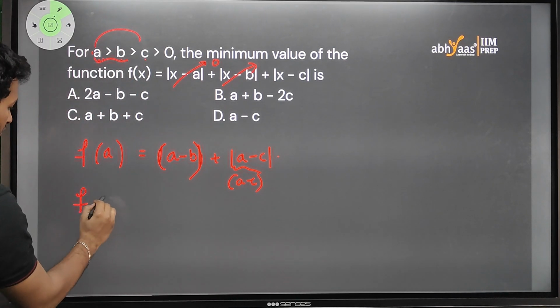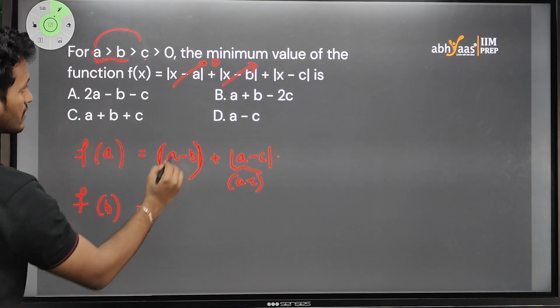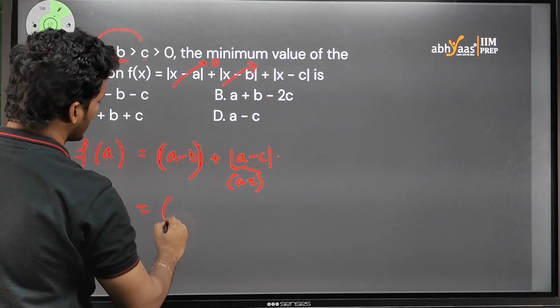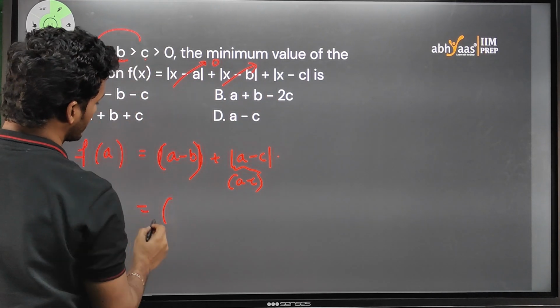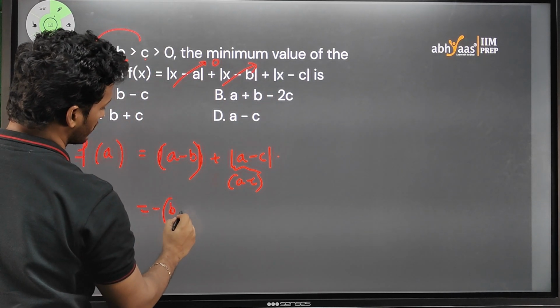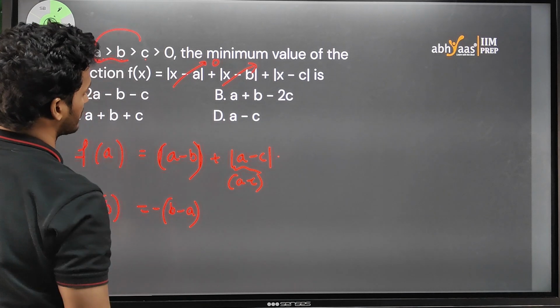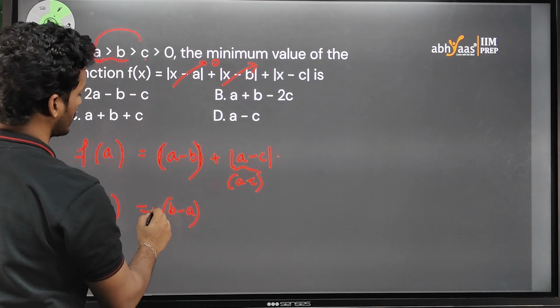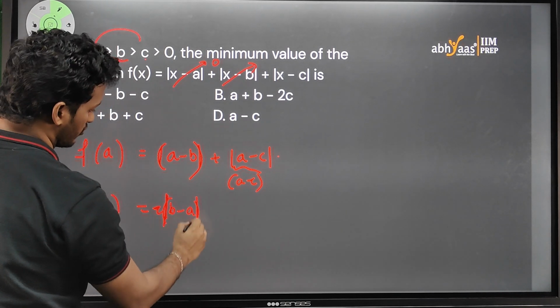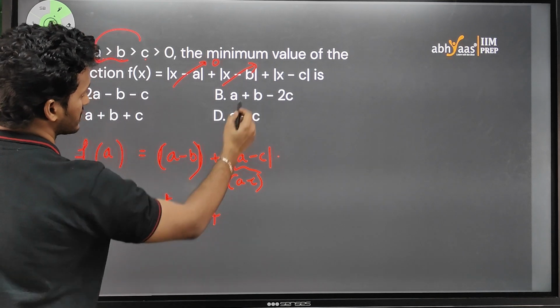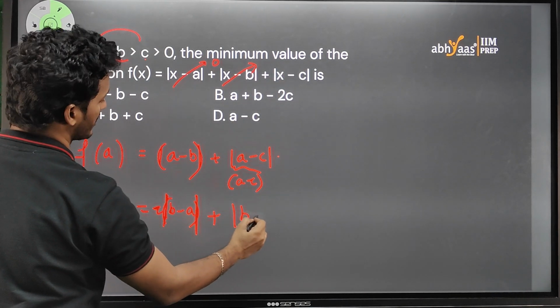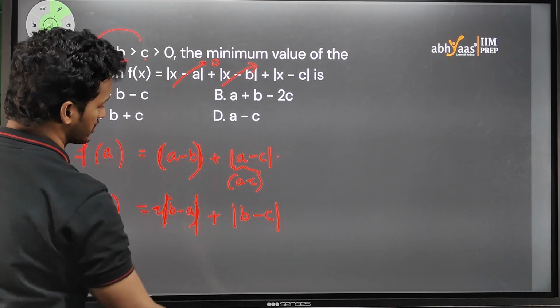Next, what is f of b? If I substitute, b minus a, obviously it will be negative. So minus of b minus a, taking the mod, plus mod of b minus c. This will be positive.